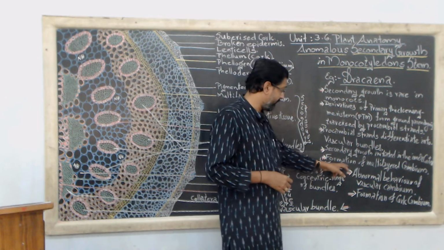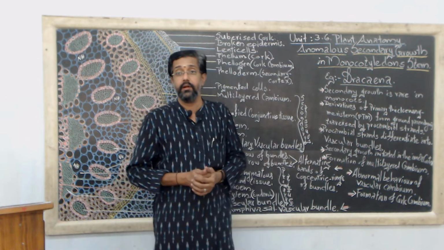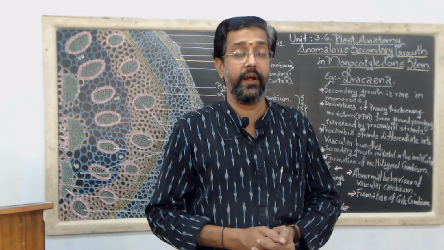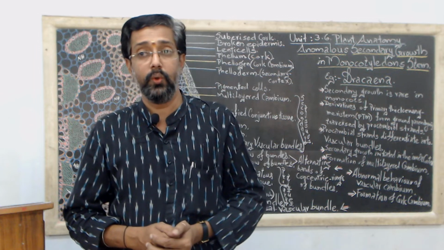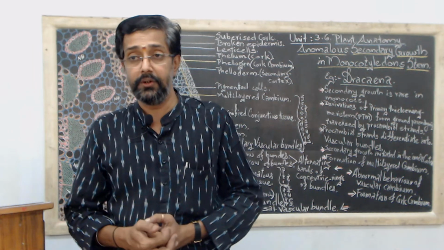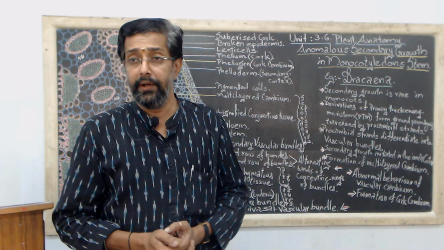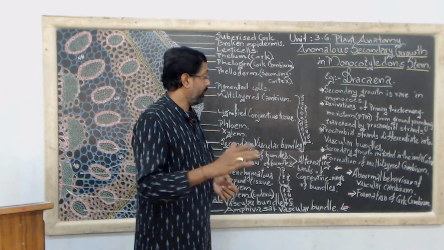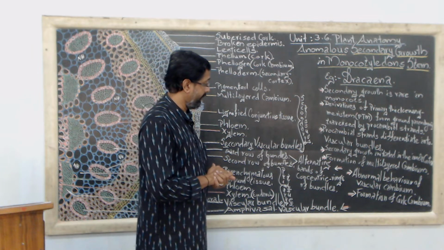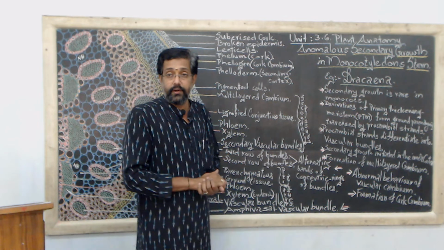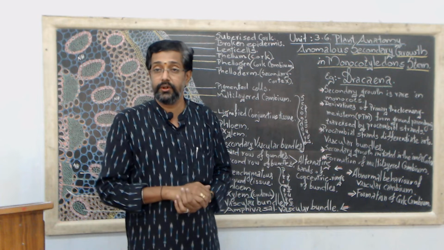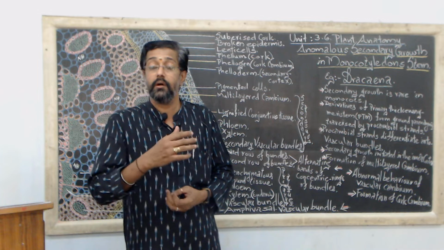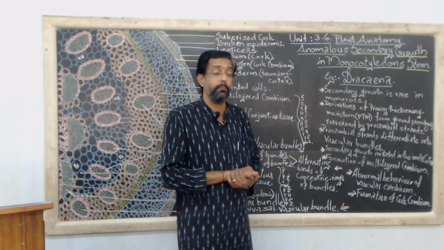So these cambial strands formed in the ground parenchyma show an irregular nature and are irregular in size, and intermittently this multi-layered cambium divides to produce vascular bundles, that is, the second and third row of vascular bundles.